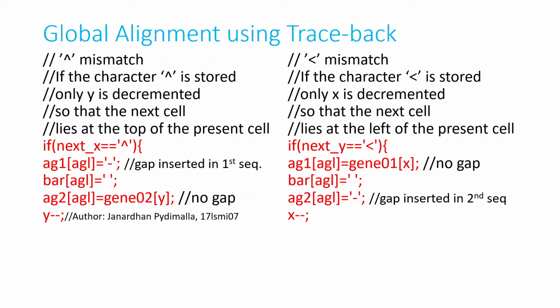We have two other conditions. If we have the top symbol, it's a mismatch, and only Y is decremented, so that the next cell lies at the top of the present cell.